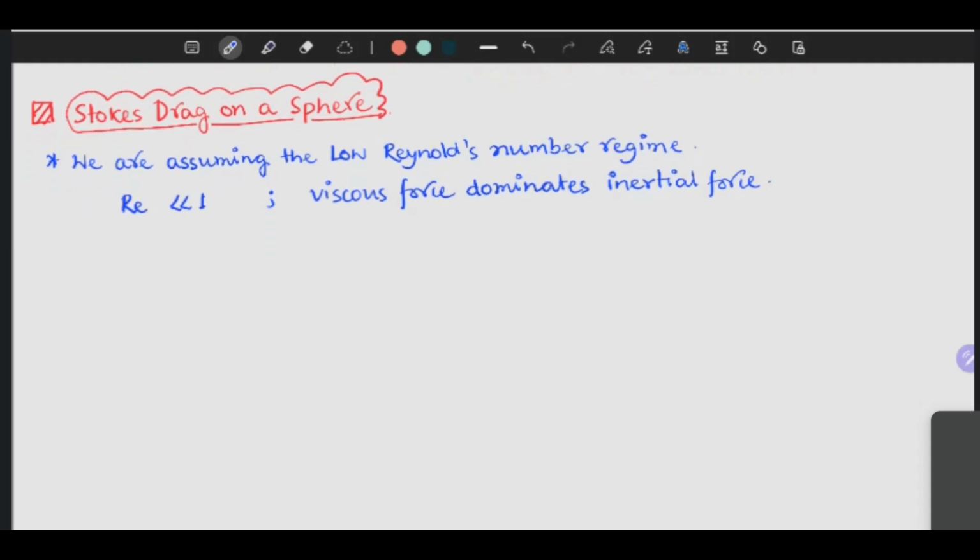Now let's say this is a spherical particle and there are two like this. Now let's say its relative velocity with the fluid surrounding it, the relative velocity of this particle, is v.